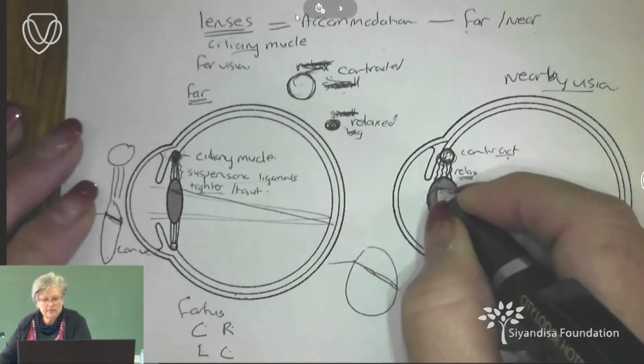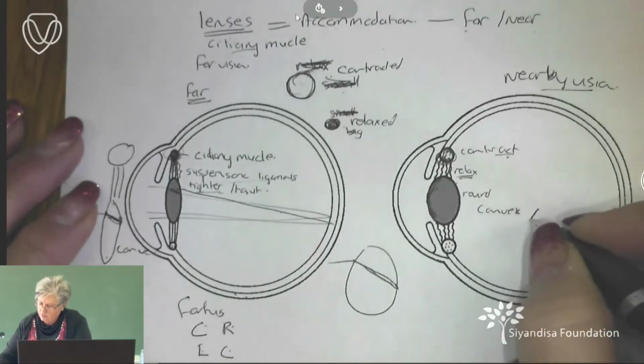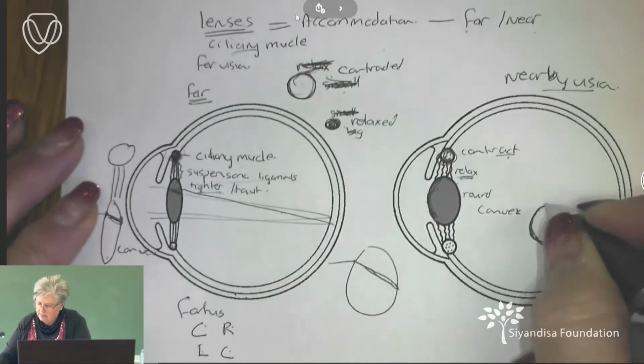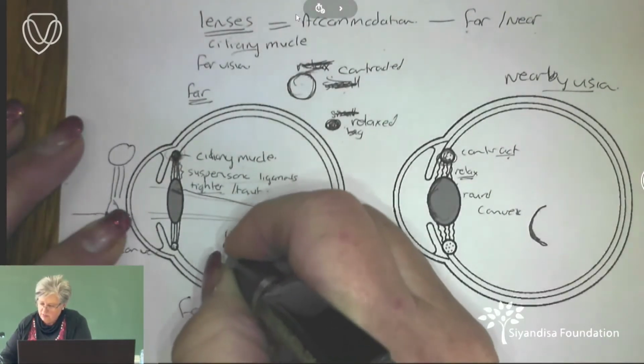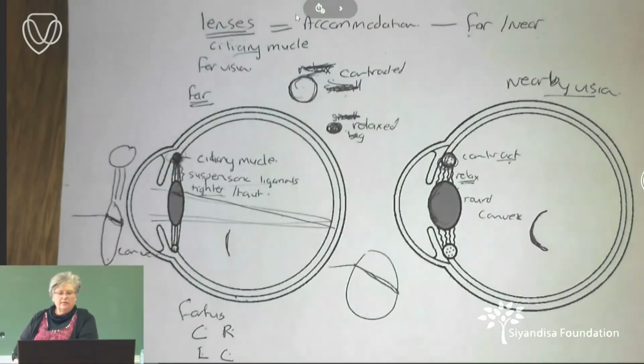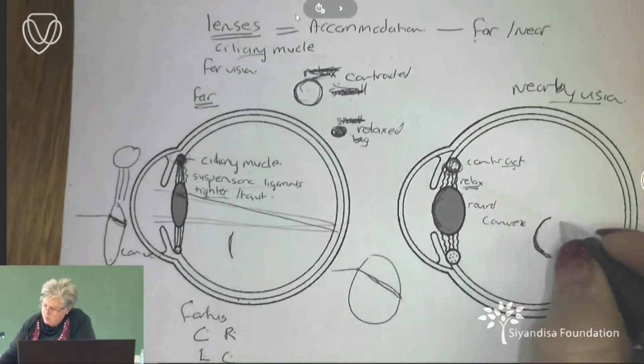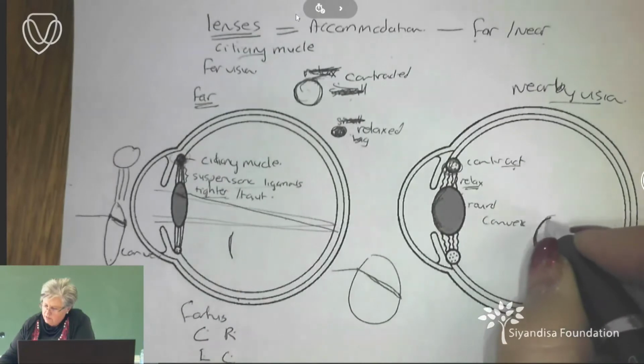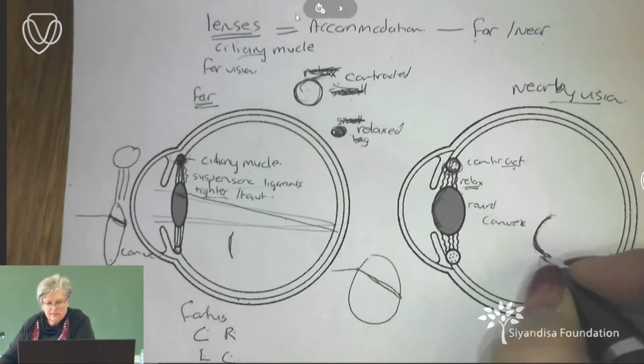To remember convex: convex is when it is a C. Less convex is when it is lesser than a C. So that's an easy way to remember it.